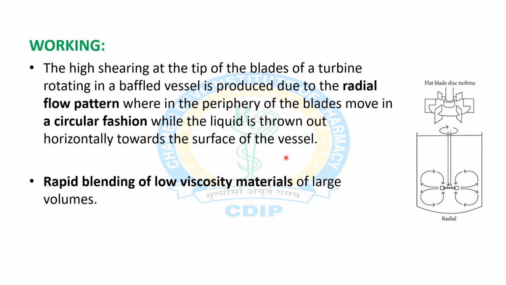So here they can bring about rapid blending of low viscosity materials of larger volumes, produce intense dispersion type agitation in large volumes, and can bring about efficient dispersion in multi-liquid phase systems.